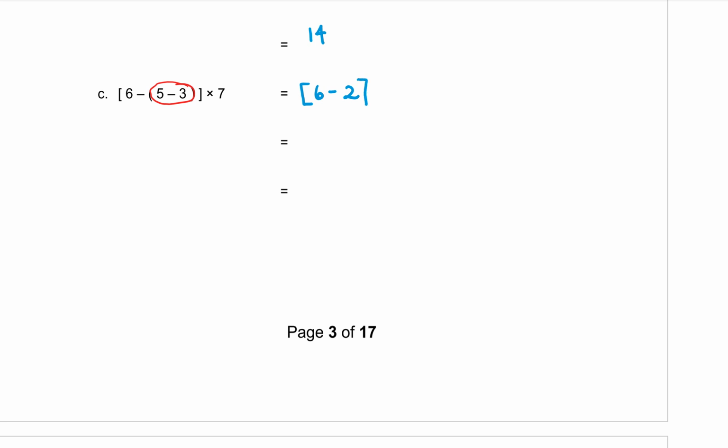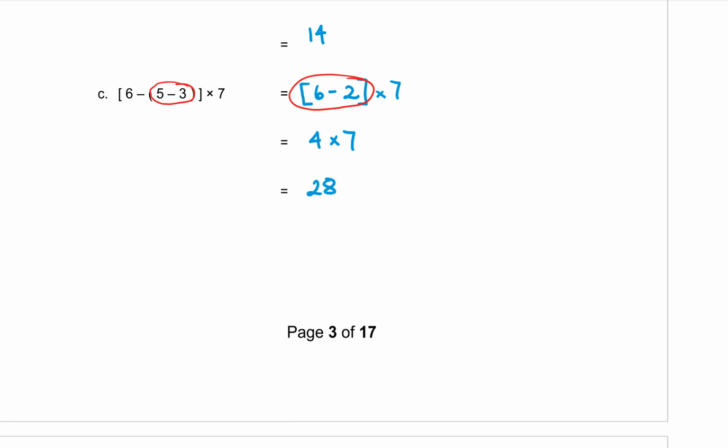Close the square bracket, and then I have a times by 7. Now I still have brackets in my problem, so I'm going to have to do the next set of brackets now. So 6 minus 2 is 4, and then I have a times by 7, and then my next step is to do multiplication division, so 4 times 7 equals 28.